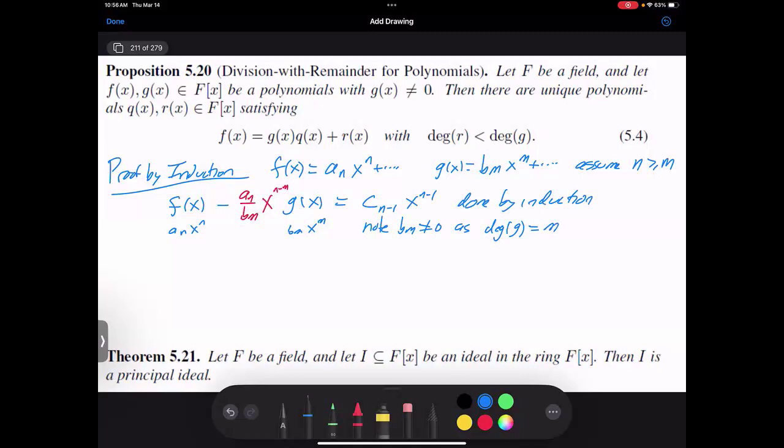And here, it's very important that we have the ability to take b inverse. This is where we use a field. If F isn't a field, we may not have b_m inverse.